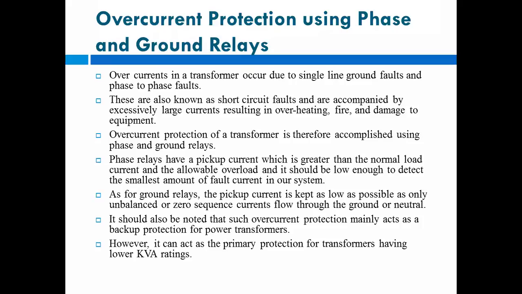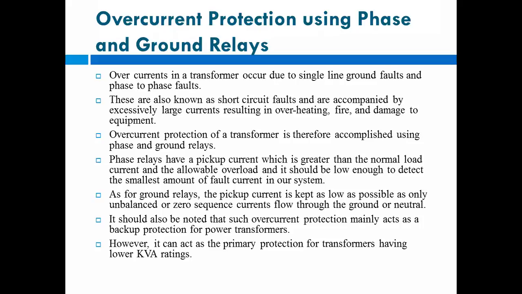So in overcurrent protection, what we are doing, we are actually setting the value of that current, that maximum current, or we call it the pickup current, right? So that pickup current value is set in that relay. So if the current is up to that pickup value, your transformer will be under normal operating condition.